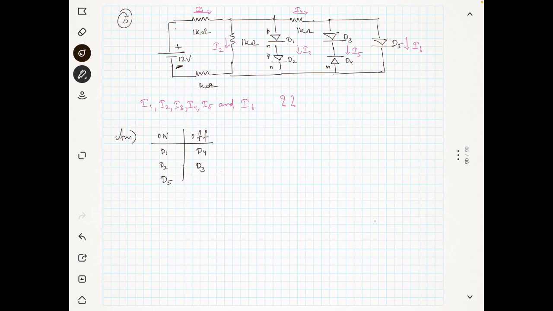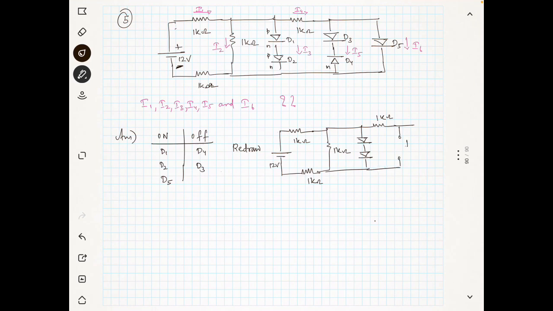So we can redraw the circuit based on this. This is 1 kilo ohm and this is 12 volt battery. Again we can see 1 kilo ohm resistance, and this is 1 kilo ohm. Now again 1 kilo ohm resistance, and you can see here the part which is having D3 and D4 is open circuit.